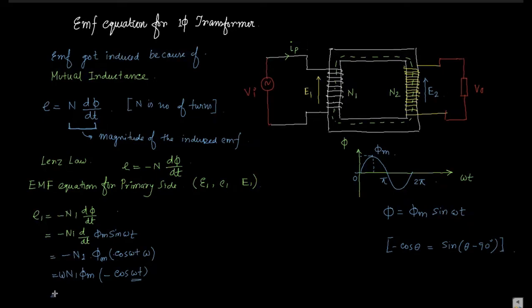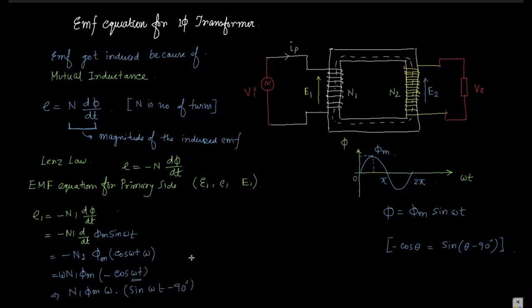So we can write it as N1 phi m omega into sine of omega t minus 90 degree. This omega we can write as 2 pi f.